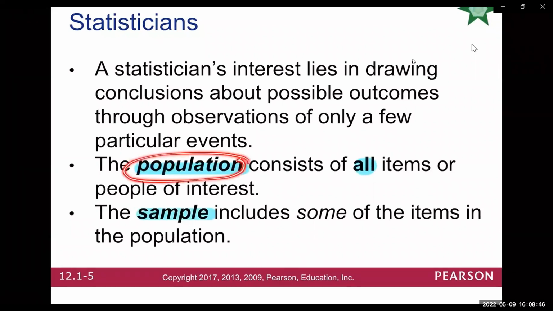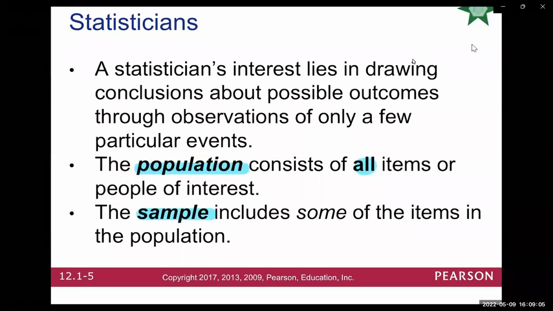Maybe you're conducting a study on the effects of social media on teenagers. The population would be all teenagers in the United States. But maybe you just sampled a few teenagers from Compton College or from the neighborhood. That would be a sample.